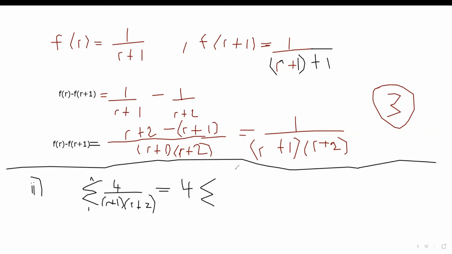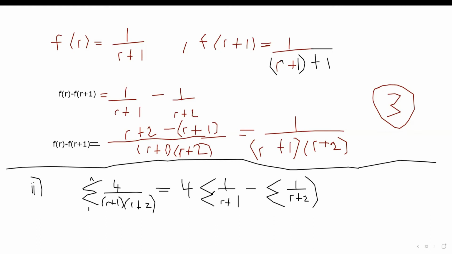It's 4 times the sum of f of r, which is 1 over r plus 1, minus f of r plus 1, which is 1 over r plus 2. Let me not skip any step.